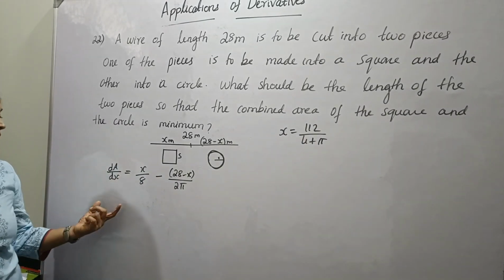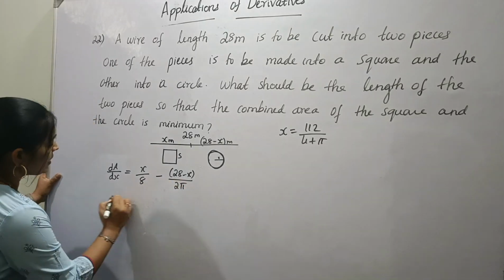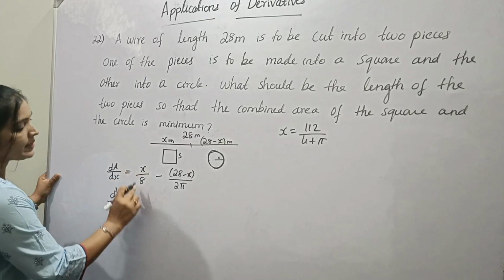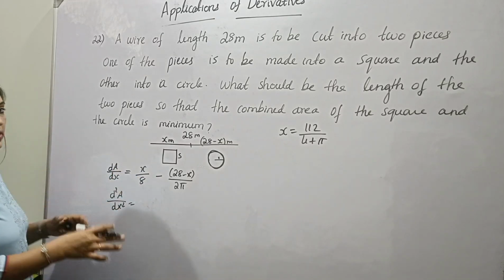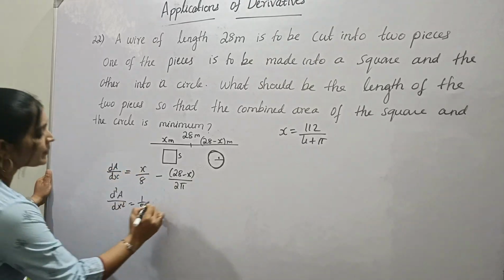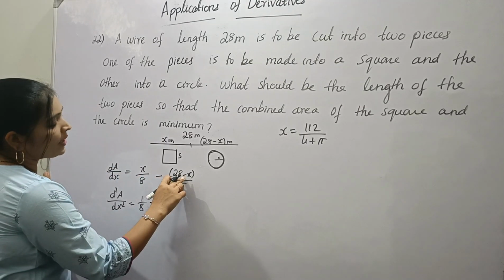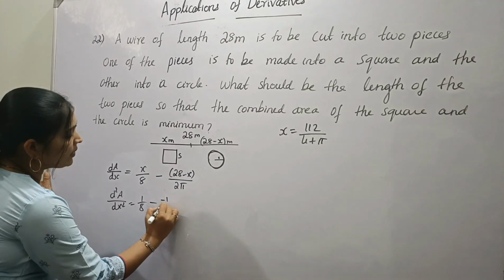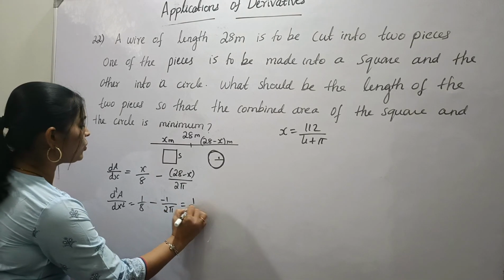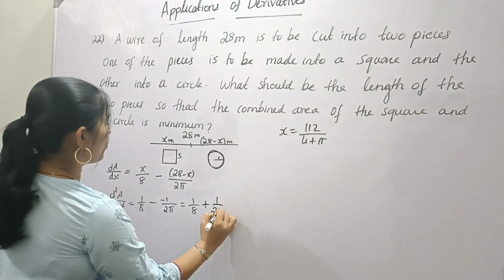We have got dA by dx is equal to x by 8 minus (28 minus x) divided by 2 pi. So d square A by dx square is equal to the derivative of x by 8, that is 1 by 8, minus here 1 by 2 pi is constant, the derivative of 28 minus x is minus 1, divided by 2 pi, that is equal to 1 by 8 plus 1 by 2 pi.